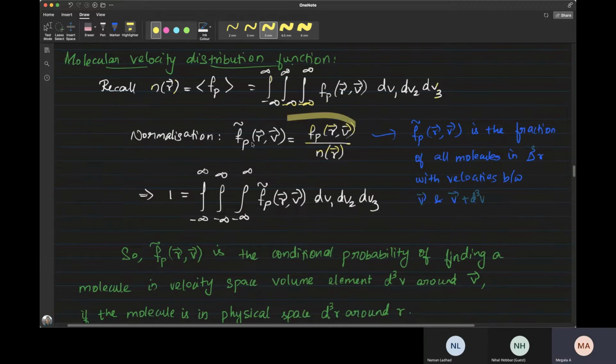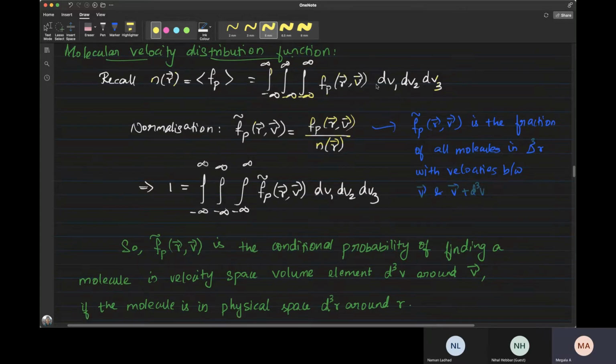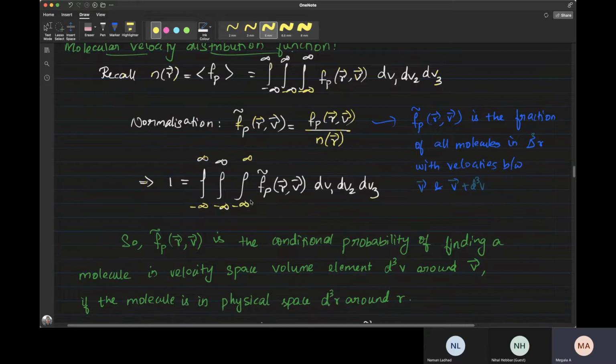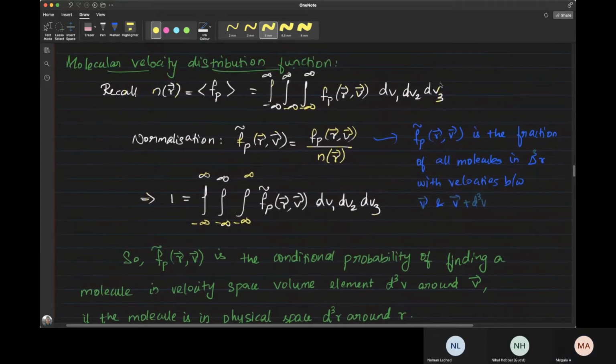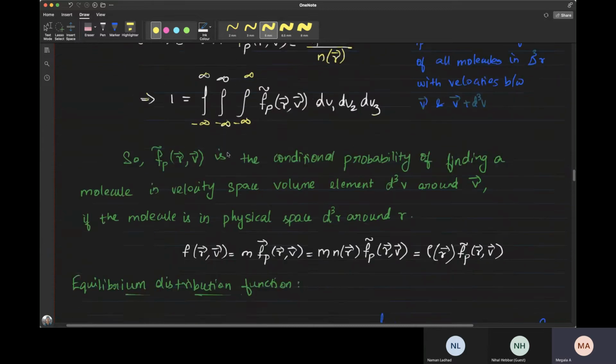So now this is your fraction. In this integral, this expression now becomes this expression because of the normalization, so we get integral of f tilde equals 1. This normalization helps us to normalize this integral.